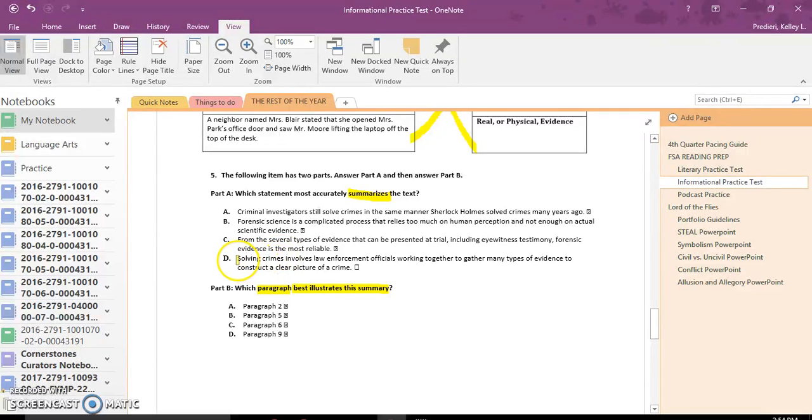D. Solving crimes includes law enforcement officials working together, yes. They start off talking about law enforcement officials working together, and they end the text talking about law enforcement officials working together. So part B is going to be paragraph 2. They talk about that collaboration between officials.